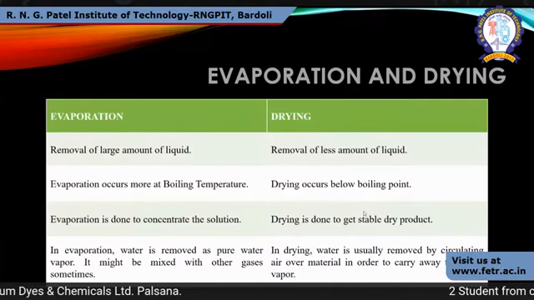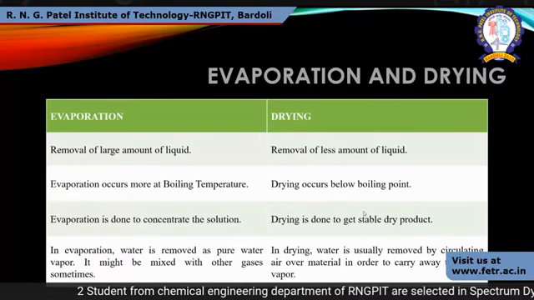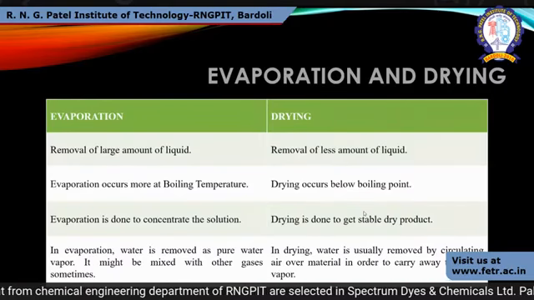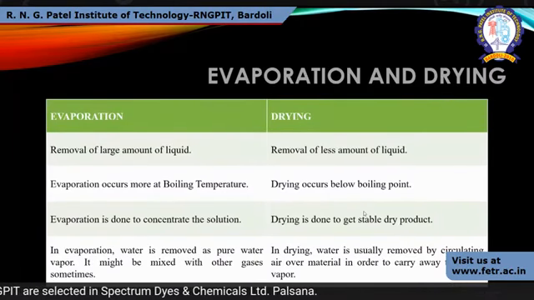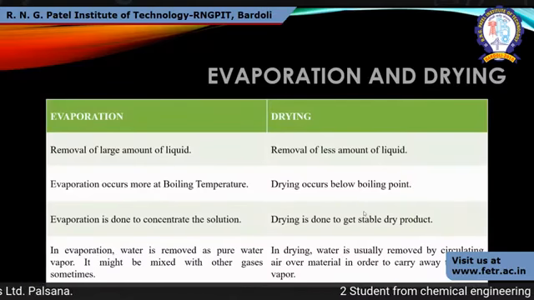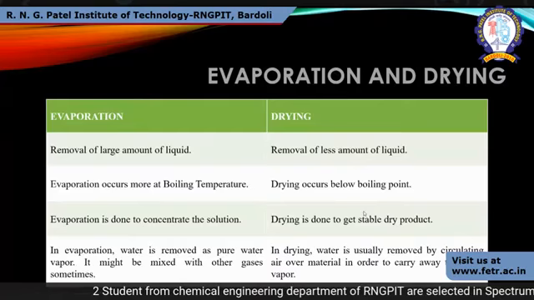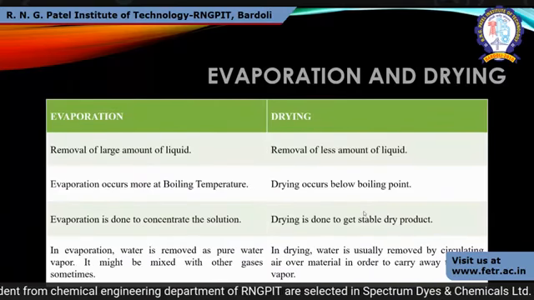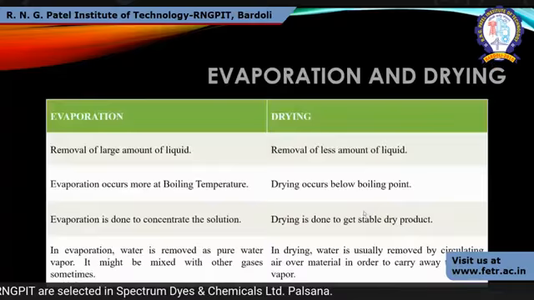Here, water is evaporated from the mixture of solution, so the pure water comes out as vapor. In drying, air comes and takes the liquid solvent, that is water, with it, and we get a completely dry product.